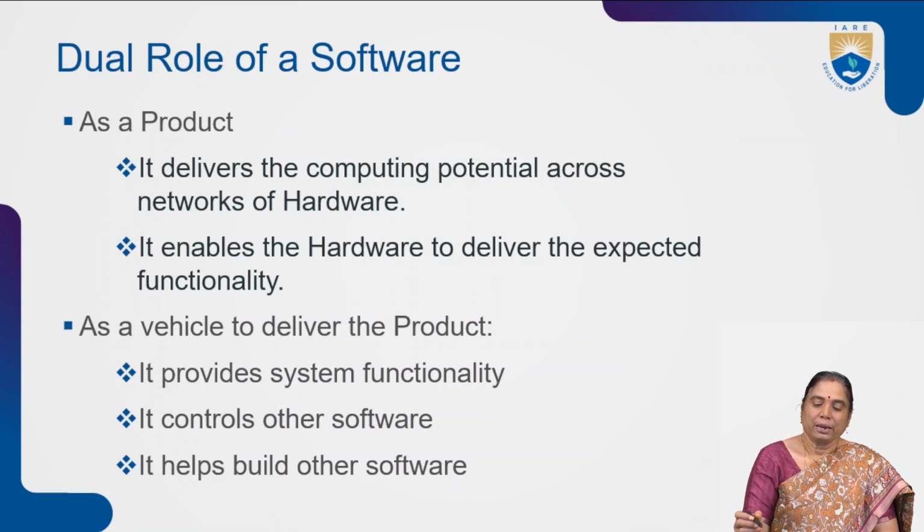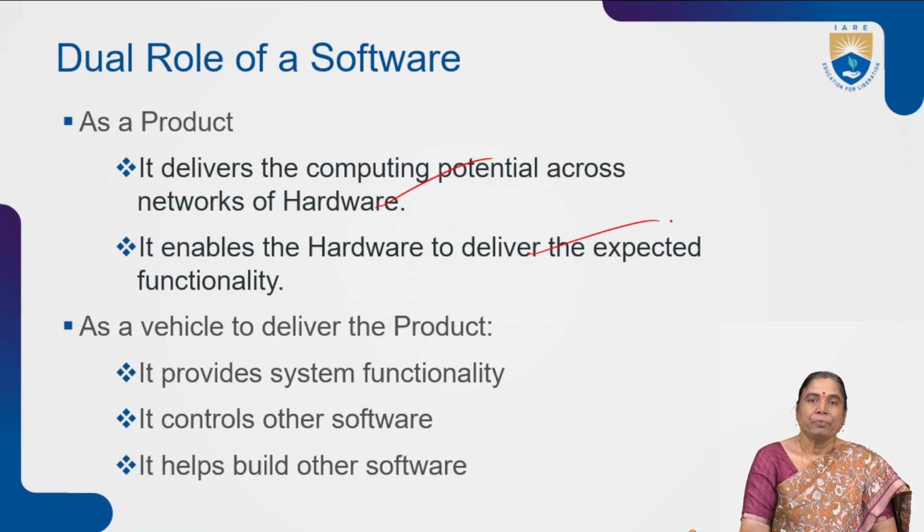As a product, it delivers the computing potential across the network of hardware and enables hardware to deliver the expected functionality. As a vehicle to deliver the product, it produces system functionality, controls other software, and helps to build other software.